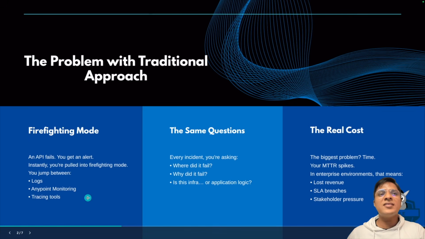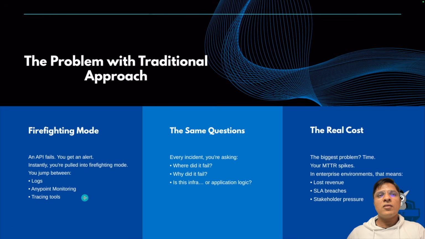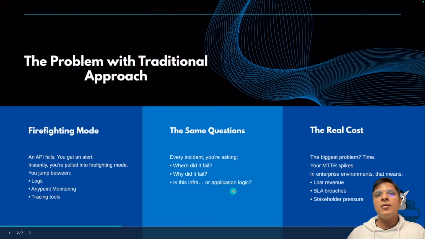And here is where things get interesting. You're asking the same question at every incident: where did it fail? Why did it fail? Is it an infrastructure issue or a real application logic failure?